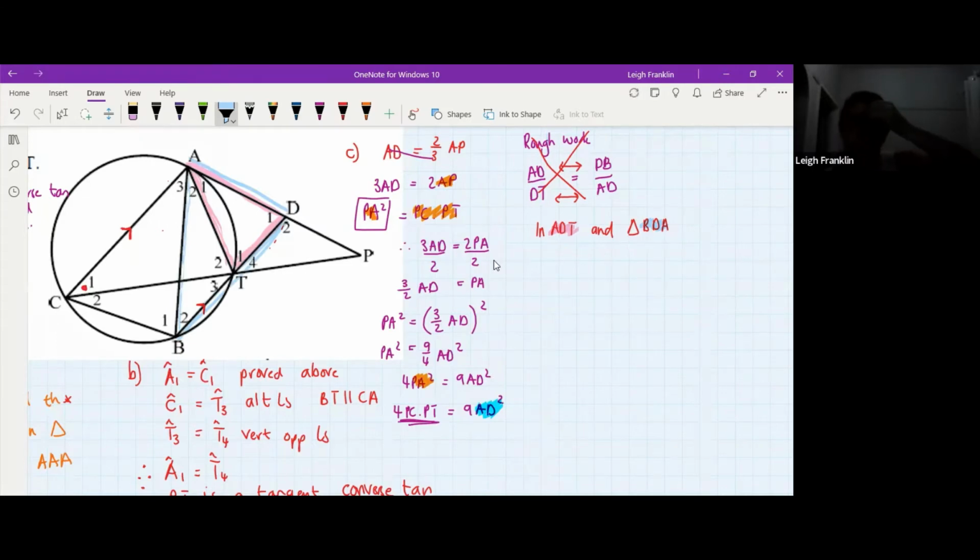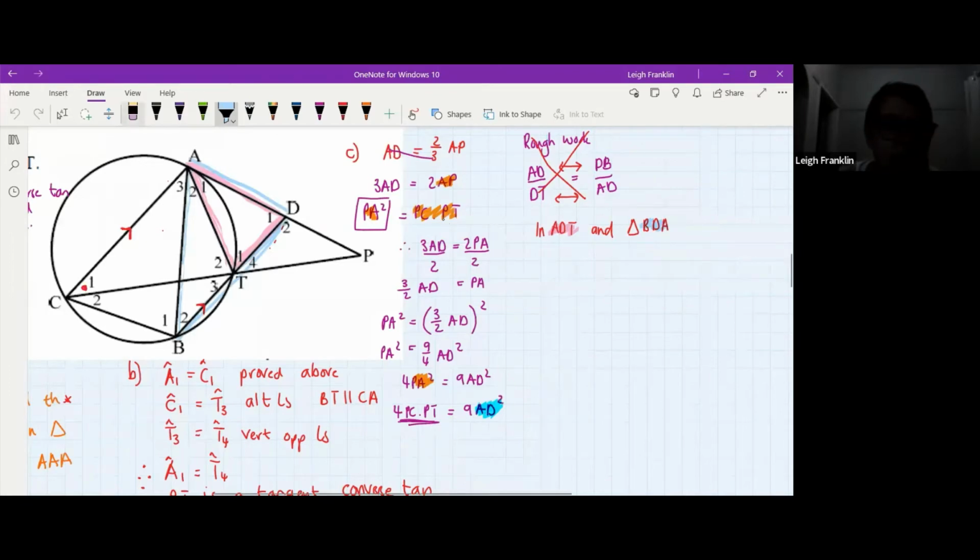Yes, ma'am. Okay, so a lot of this involves substitution, Kayla. In the beginning, when I was looking at the information that I had, I know from what they told me that 3AD was equal to 2AP, and that PA squared was equal to PC times PT.